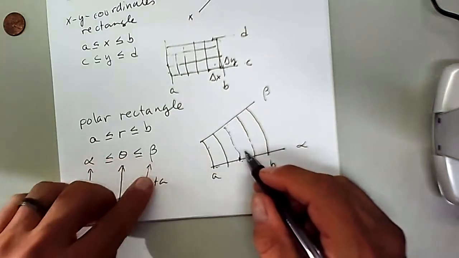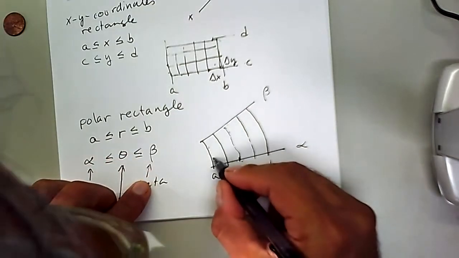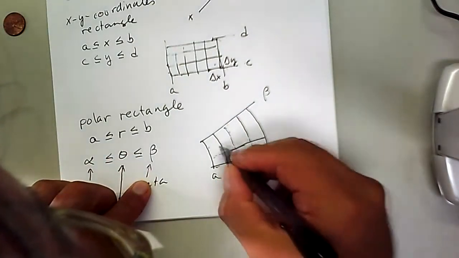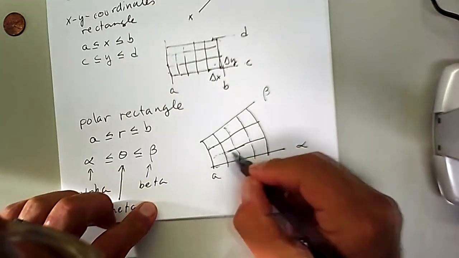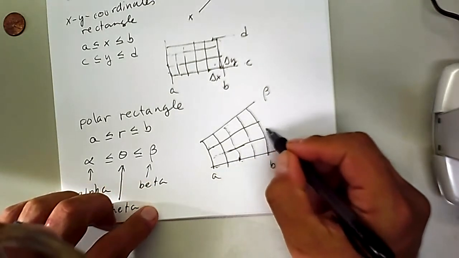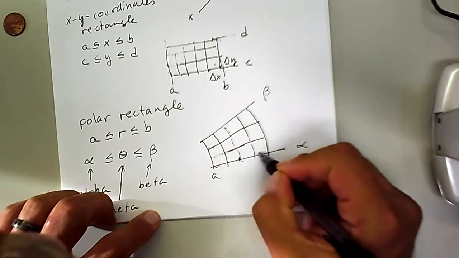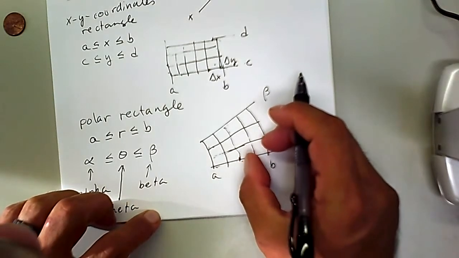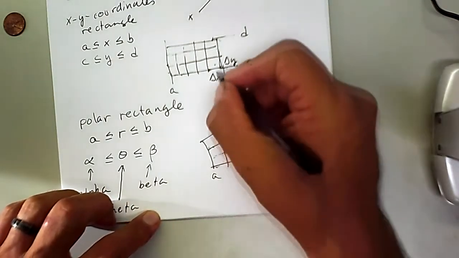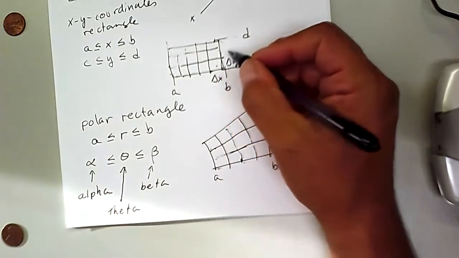So we have a center coming out here, and then we draw lines that come off the center. They get wider as we go out. So this is a polar rectangle. The smaller those rectangles are, the more they're going to look like regular rectangles, even though they are not.